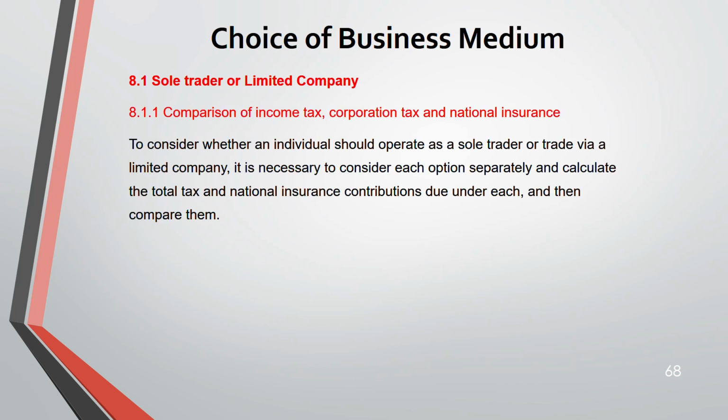To consider whether an individual should operate as a sole trader or a limited company, you have to consider each option separately, calculate the total tax and NIC that is due under each, and then compare them.